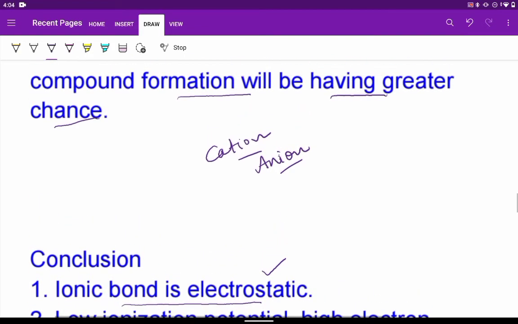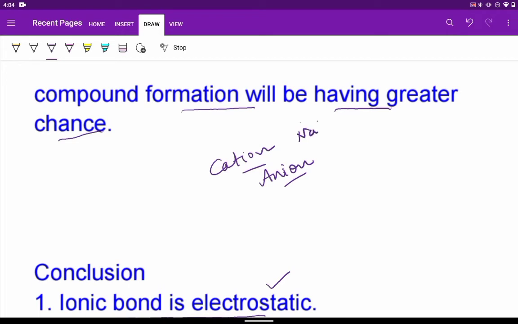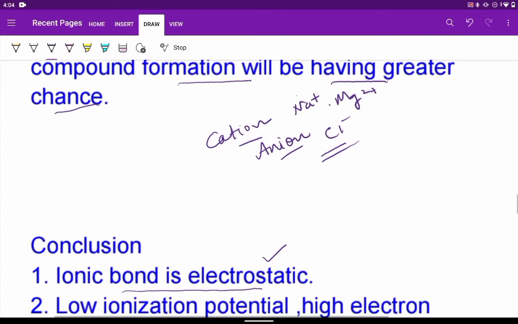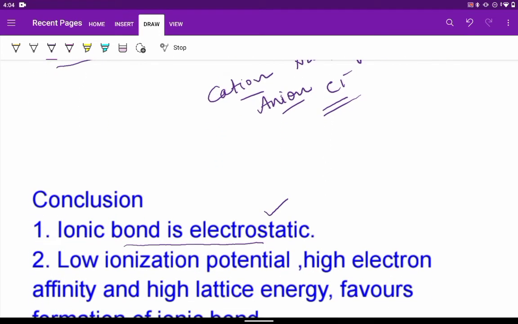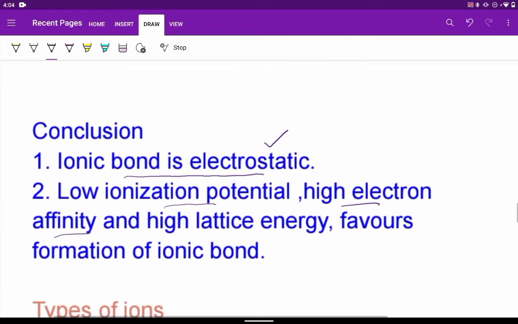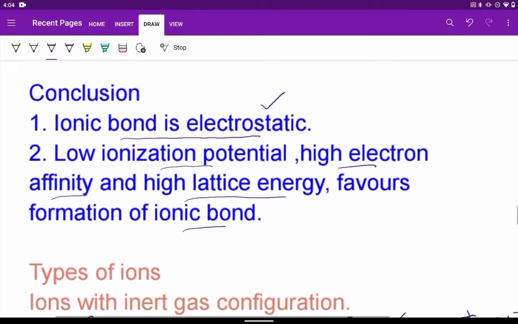Cations like Na+, Mg2+, anions like Cl-, they are held by electrostatic force of attraction. Another important factor is low ionization potential, high electron affinity. They both help to form the ionic bond. The lattice energy should be high enough. All these factors help in formation of ionic bond.